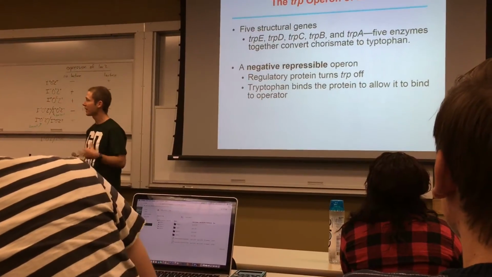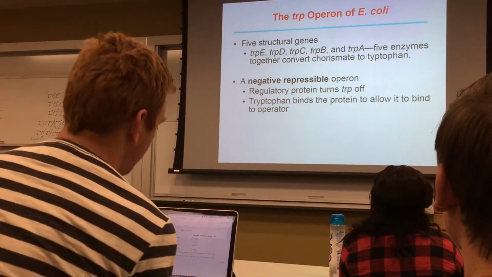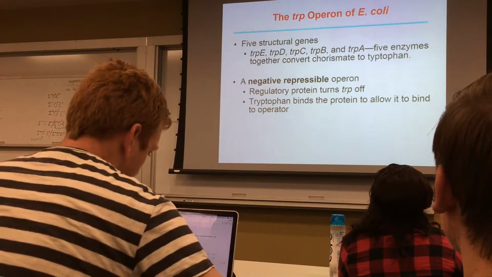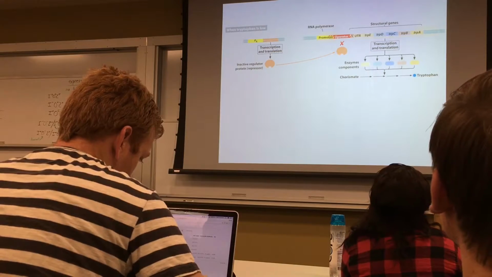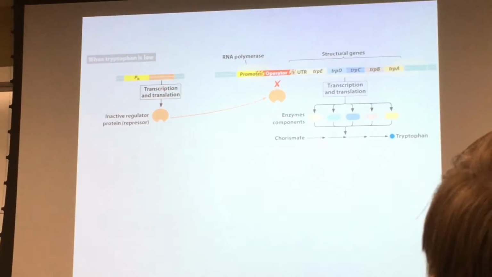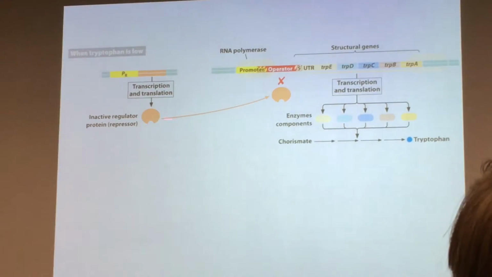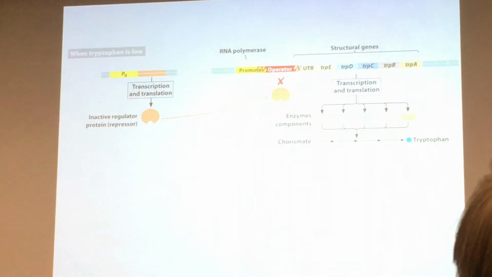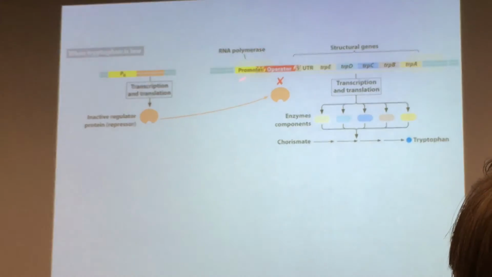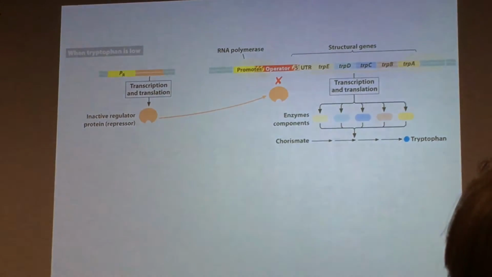And so this is the system that the bacteria have evolved to essentially decide when there's enough tryptophan. What is going to go on here is that if we don't have a lot of tryptophan, we're going to make this repressor protein, but that repressor protein is not able to bind to the operator, and so we end up making these genes that can help us make tryptophan.